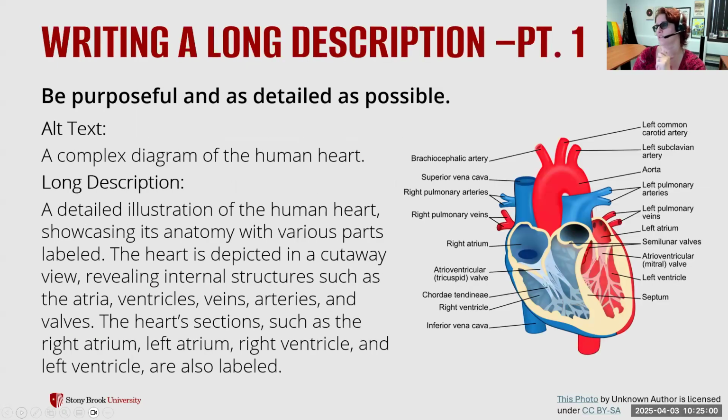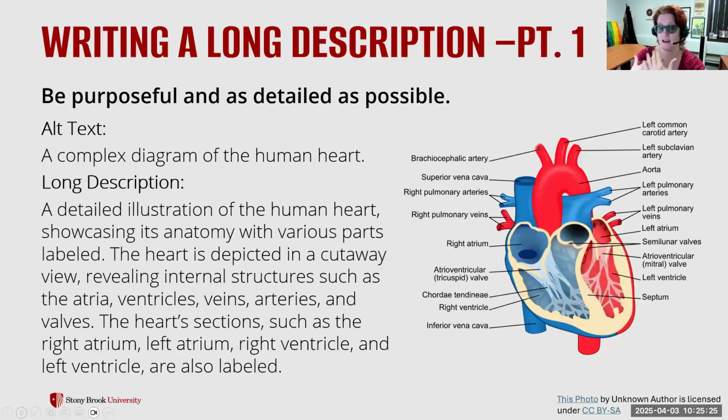An example of a long description here: I have a diagram of the human heart, and maybe my alt text might read, a complex diagram of the human heart, to at least give the purpose of the image. But my longer description is going to describe how it's a detailed illustration of the human heart, showcasing its anatomy with various parts labeled.